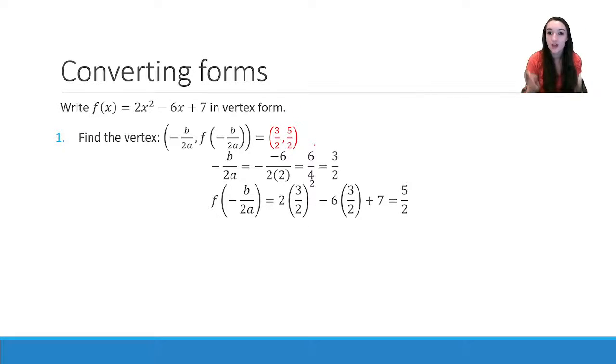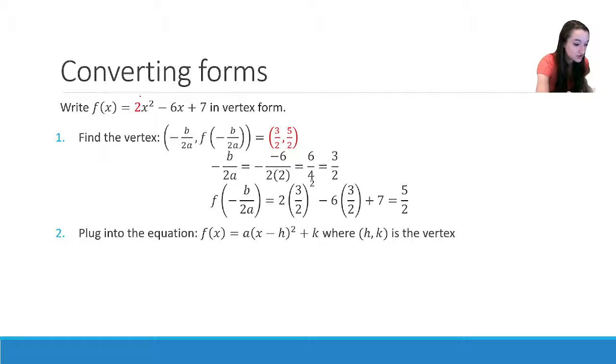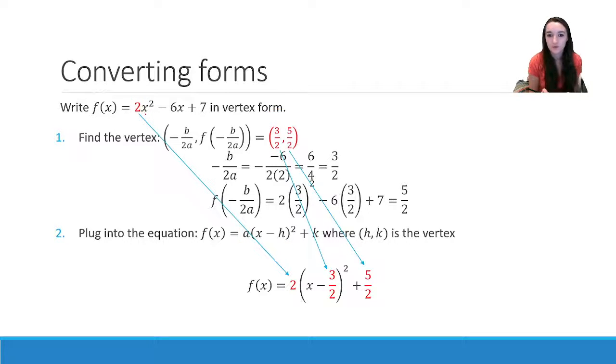And so creating vertex form is pretty simple from there because, as I said before, the a's match. So vertex form takes this point (h, k) and plugs it in for h and k, but then the a is the same as it was before. So we get 2 from the original general form, and then (x minus 3/2) squared plus 5/2, and you're done. So that is one way to do it.